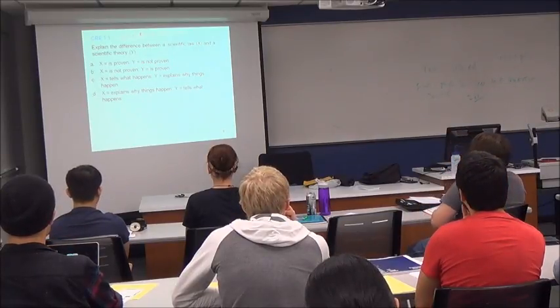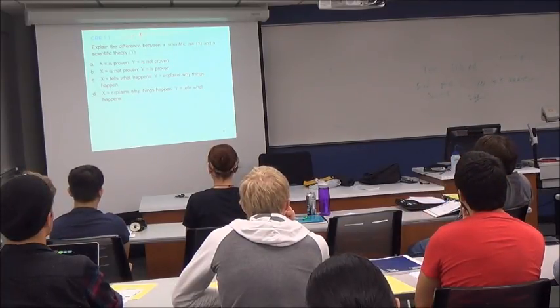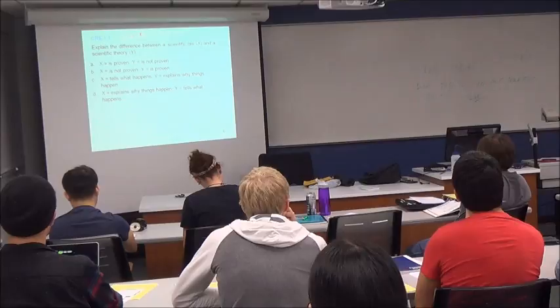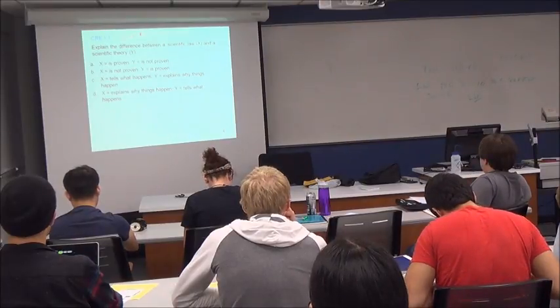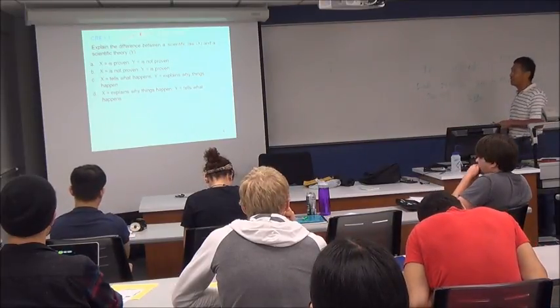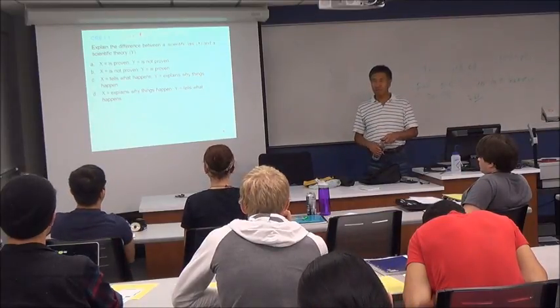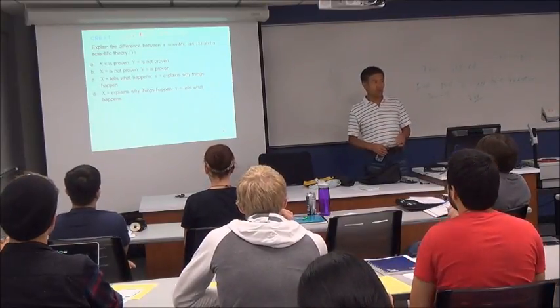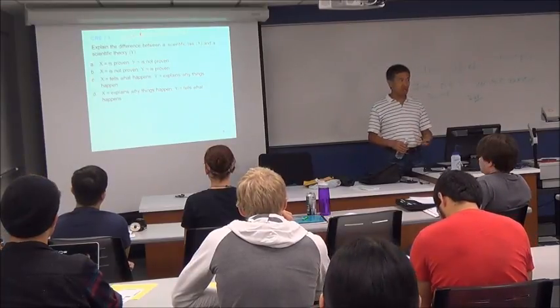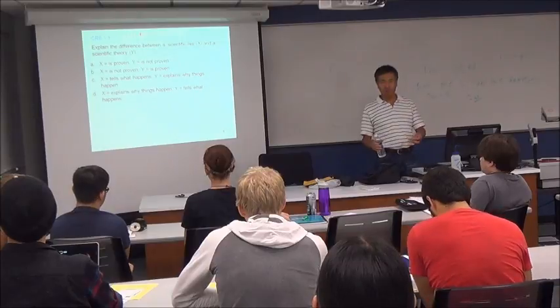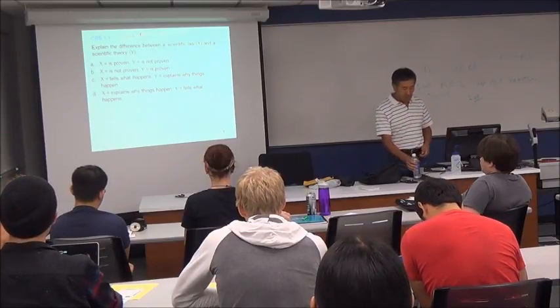D. Oh, wait. Does C make more sense? C makes more sense, right? Because the law tells what happens. So the key word is law, and an observation just tells what happens. It's kind of like a summary. You summarize what happened.